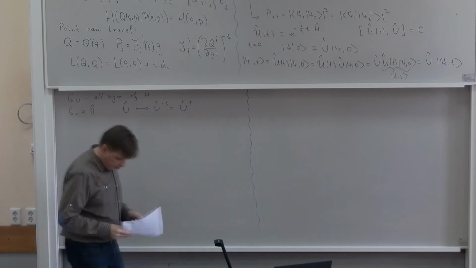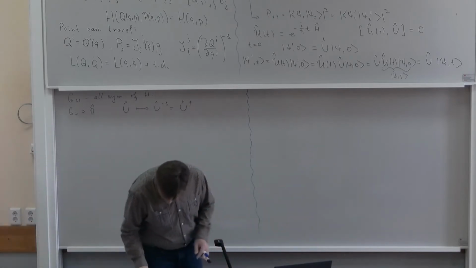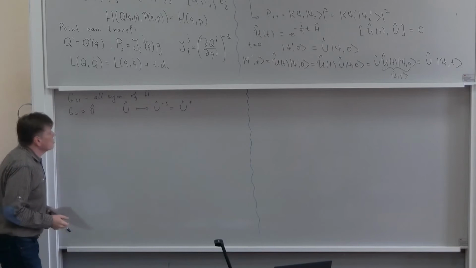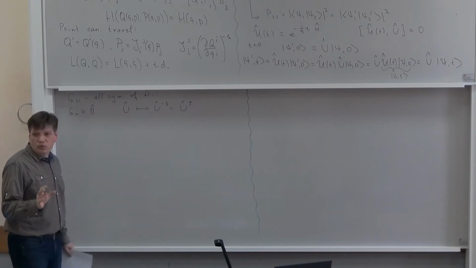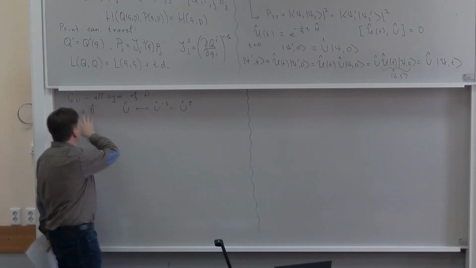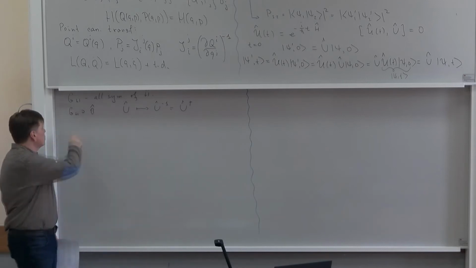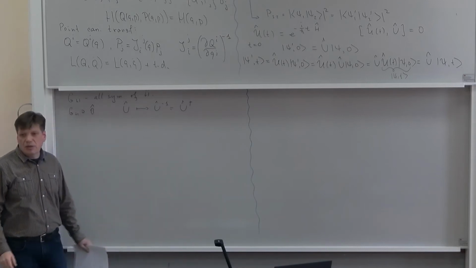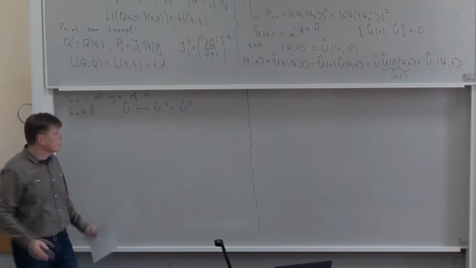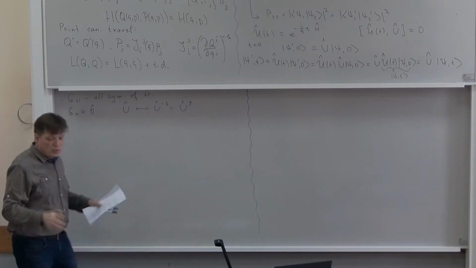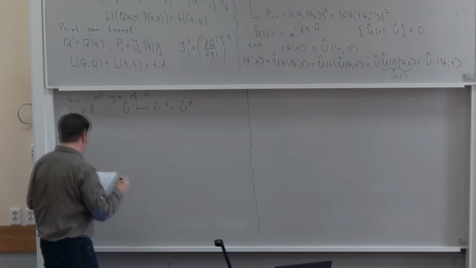Okay. It remains to check that the product of two unitary operators from our set G sub H is also a symmetry, so this set is closed with respect to the operator product.